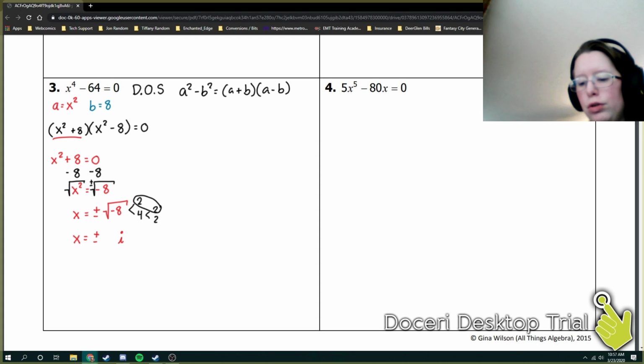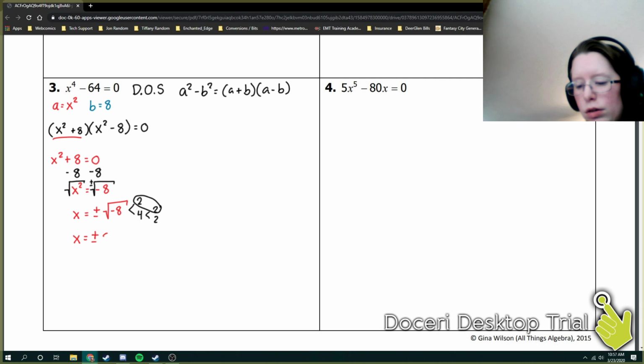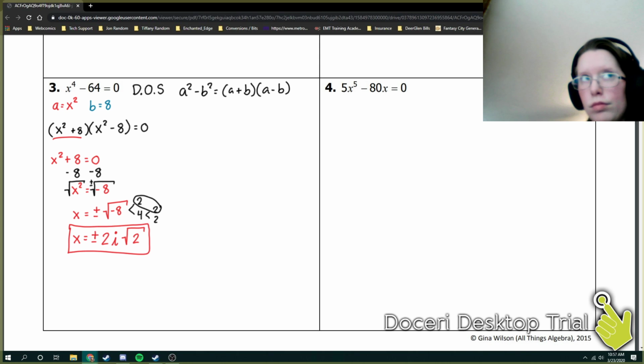So I'm going to have a 2 come out because it was a pair, and a 2 stay inside because it didn't have a pair. I'm going to write that a little bit neater. So there's 2 of the answers, one positive, one negative.